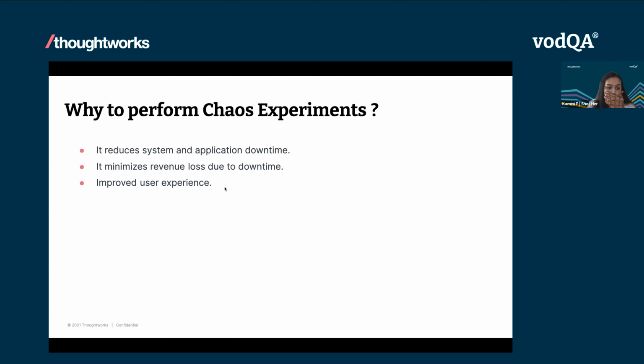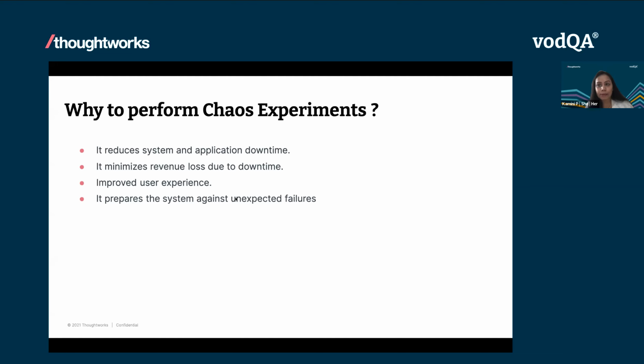Now coming to the next point, it prepares the system against unexpected failures. We know that our system has already been tested against all those real-time scenarios, right? All possible failure scenarios have already been tested, and with all the information we have received by performing those chaos experiments, we will be able to fix them and identify the root cause.